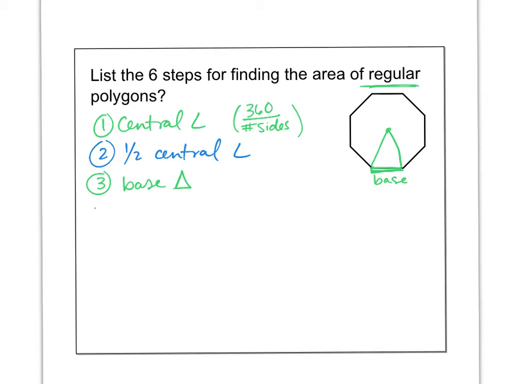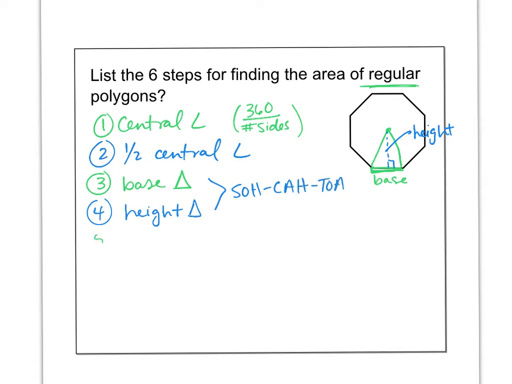Step number 4 is that you then try to find the height of the triangle. And the height of your triangle is going to be this blue dotted line. That's going to be the height of your triangle, and it has to be perpendicular to the base. Now, one thing to remember for these two, you likely will have to use SOHCAHTOA.